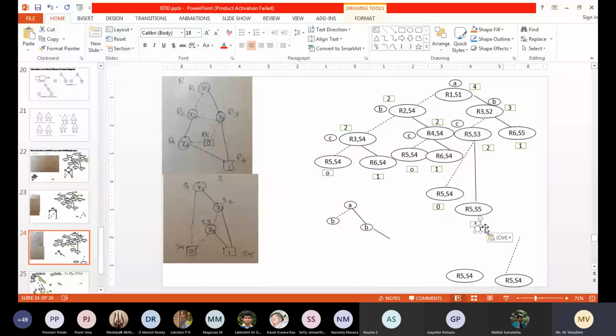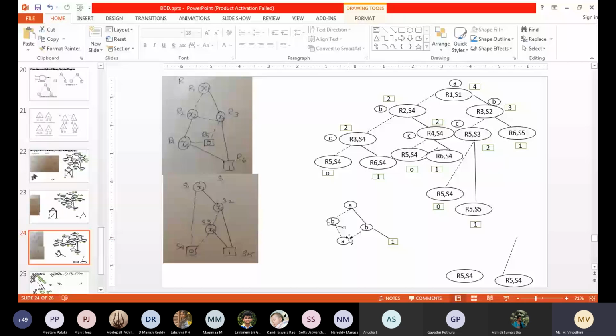When it is 0, and this B also, when it is 0, this is going to C. This B also, when it is 1 also, it is going to C. When it is 0 or when it is 1, it is going to C. All the C's are having the same pattern.